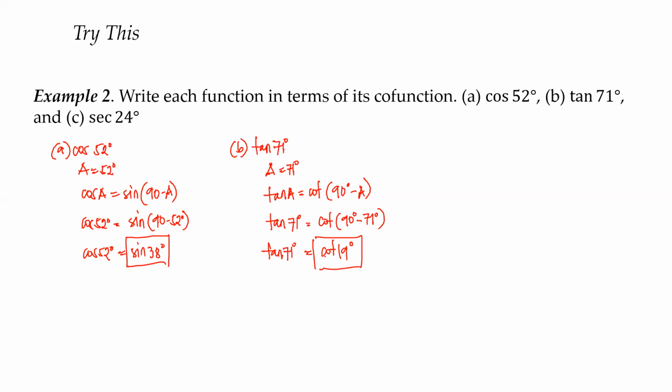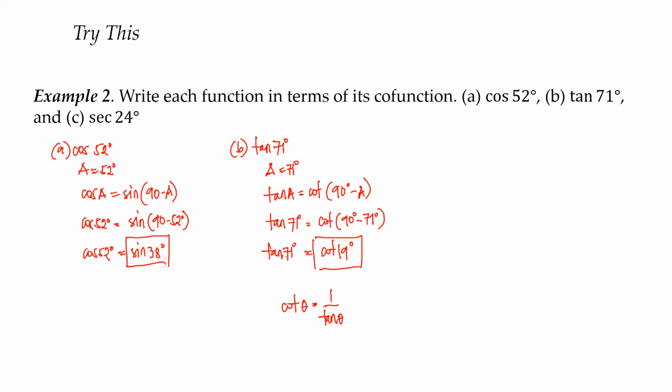Cotangent 19 degrees is also 2.9042. Again, we don't have a key in our calculator for cotangent. What we can do is use the identity that cotangent theta is 1 over tangent theta.